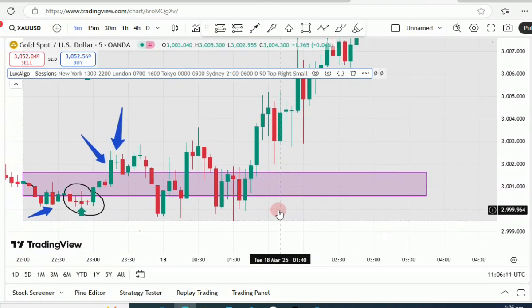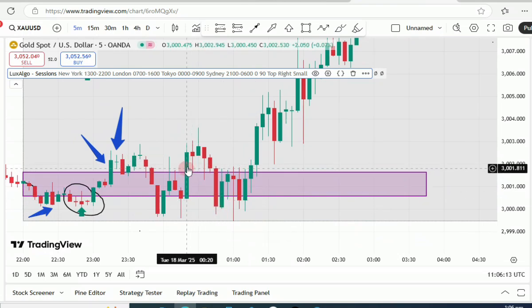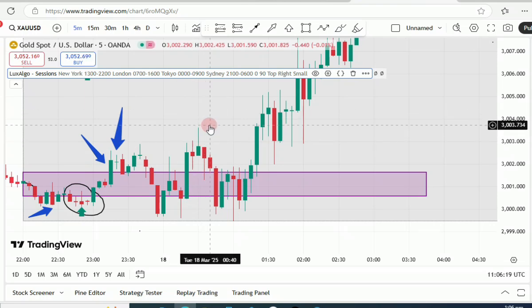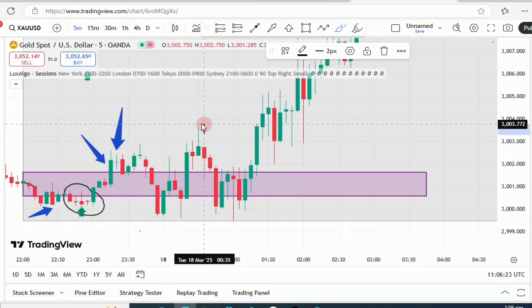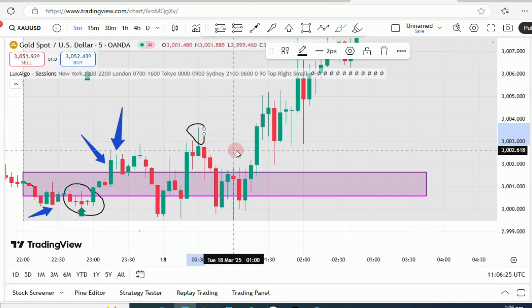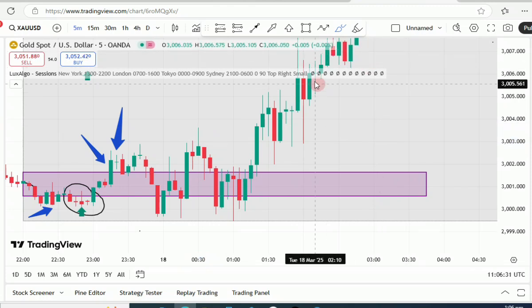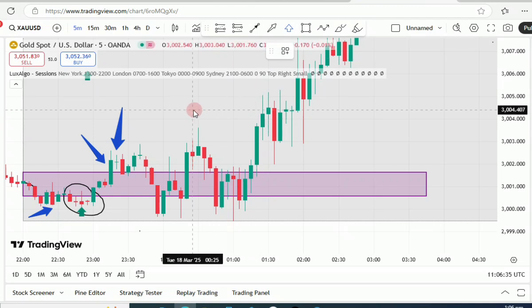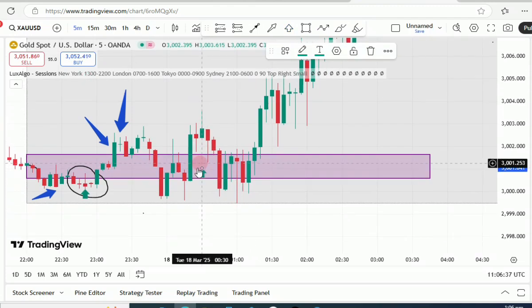Now let's see. We have a bullish candle here, followed by a bearish one, followed by a bullish candle. But this bullish candle has got so much resistance. You see that price was resisted during this time. So if you are not sure, don't rush. And as you can see, followed by another bearish candle again, bearish candle again.